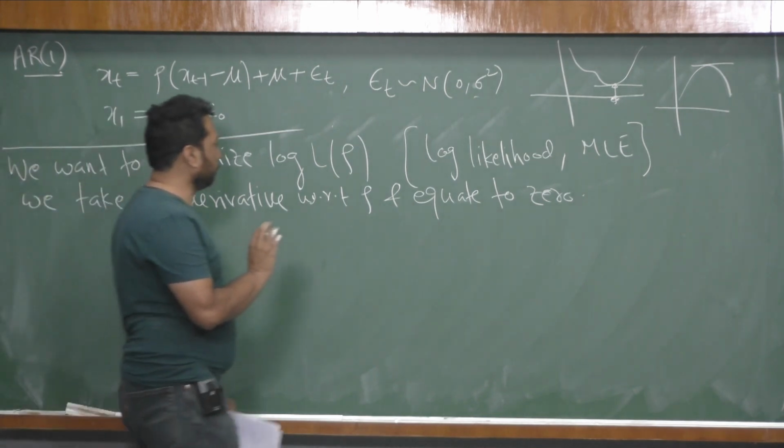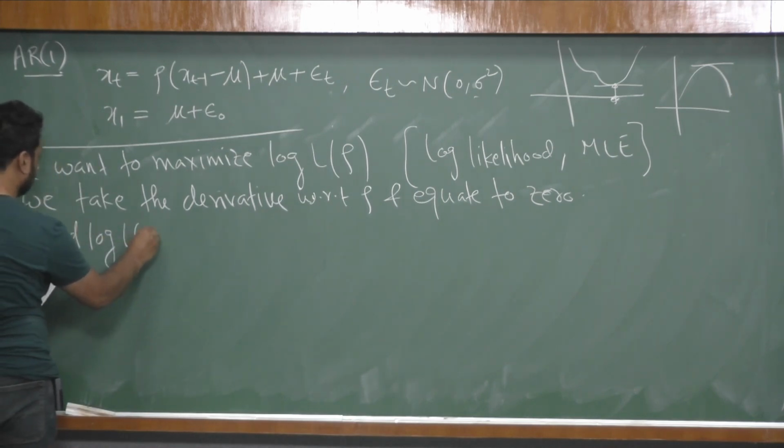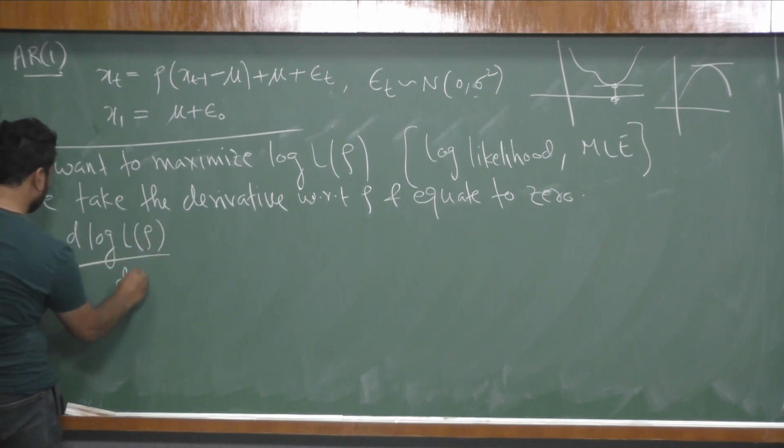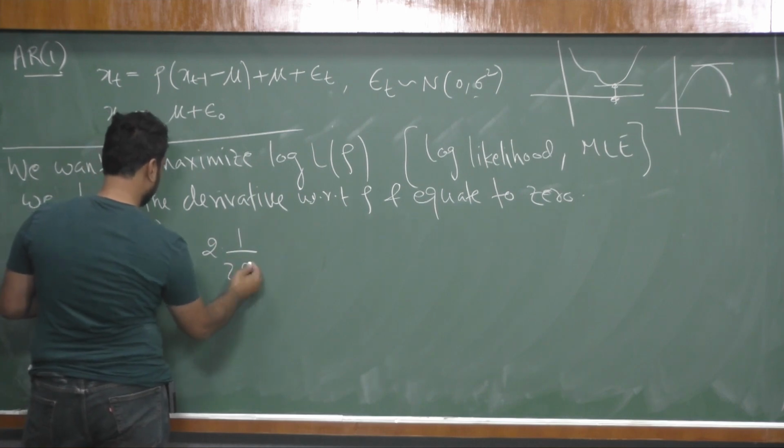So then, continuing, we take the derivative and equate it to 0. What we have is d log L(rho) divided by d rho, and after taking the derivative you can check these things. I'll just write down from the notes.